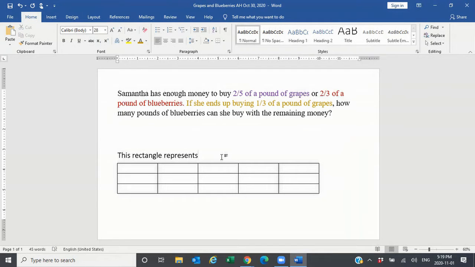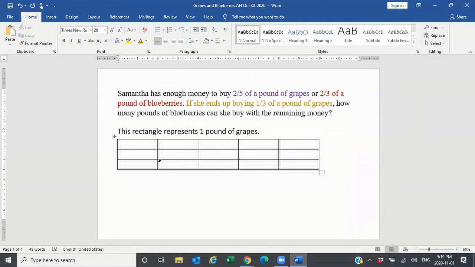This rectangle represents 1 pound of grapes, right? All right, so if the table represents 1 pound of grapes, it says Samantha has enough money to buy 2/5 of a pound of grapes.